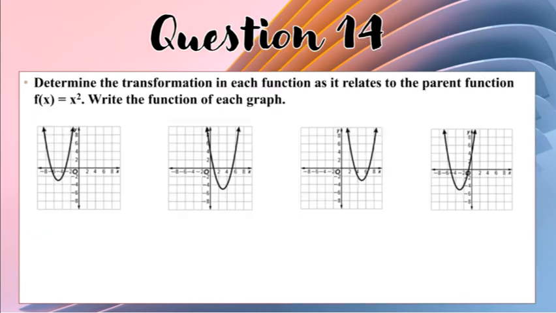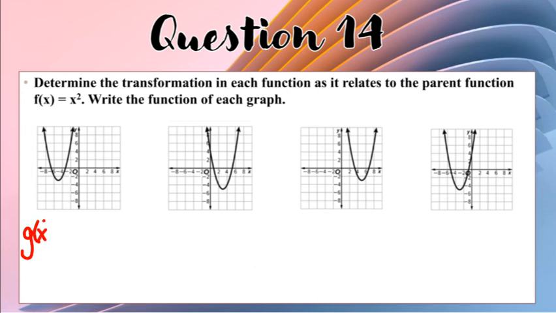And the last question, question 14. Determine the transformation of each function as it relates to the parent function f of x equals x squared. Write the function of each graph. And for this one, I'm just going to name each of these g of x.